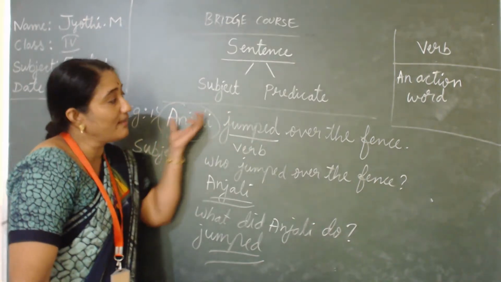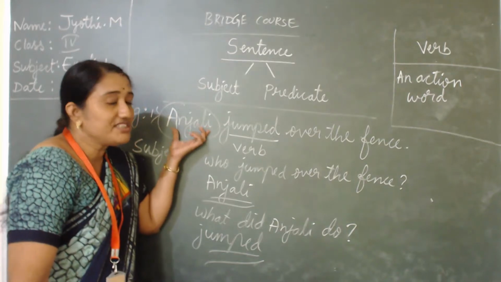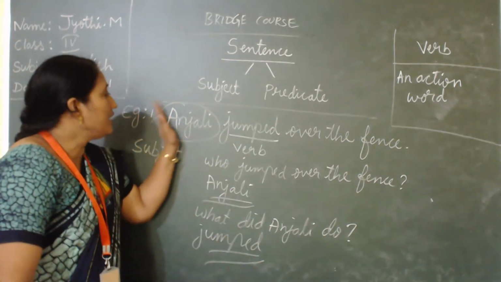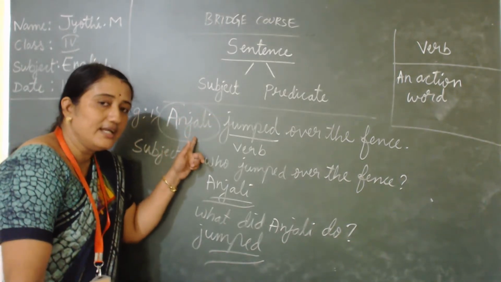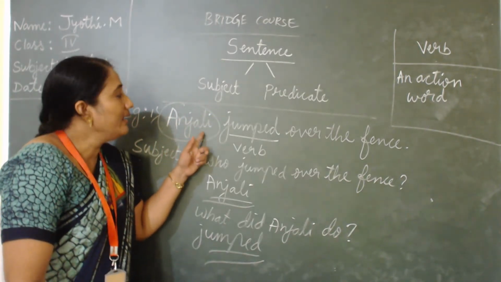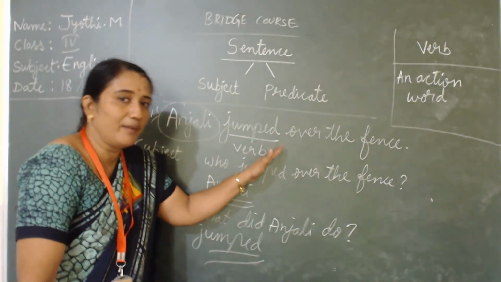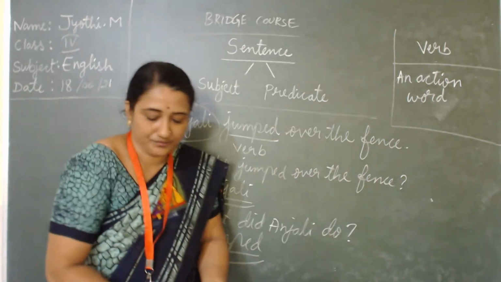The subject is doing some action here. So the person who is performing the action will be the subject, and the predicate tells something about the subject. That will be the predicate.